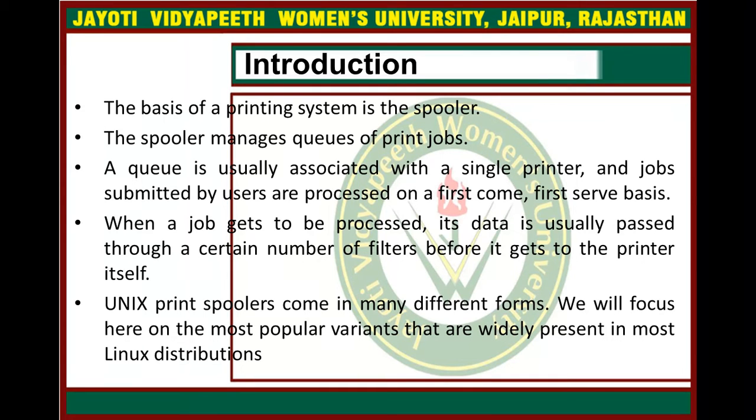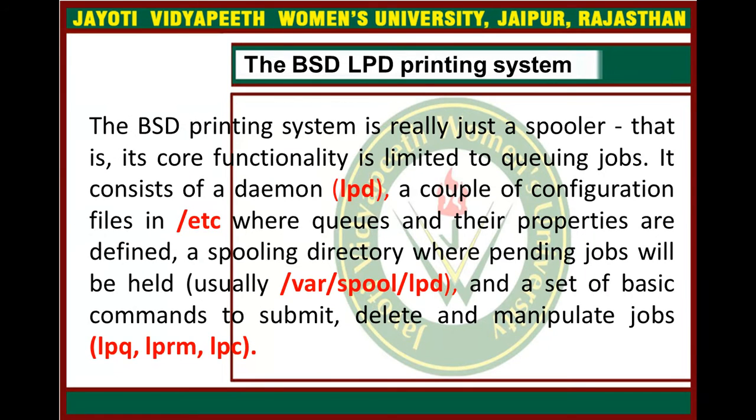So the Unix print spoolers come in many different forms. We'll focus here on the most popular variants that are widely present in most Linux distributions. What are these systems? First is the BSD LPD printing system. This system is really just a spooler. That is, its core functionality is limited to queuing jobs.